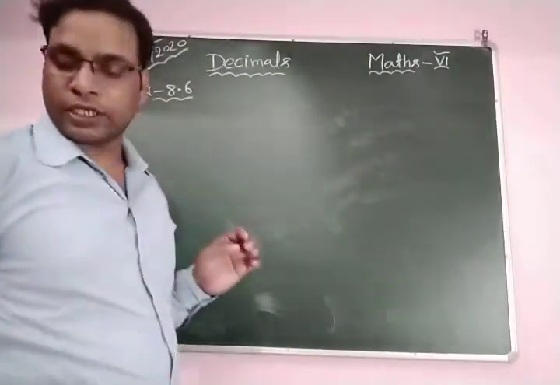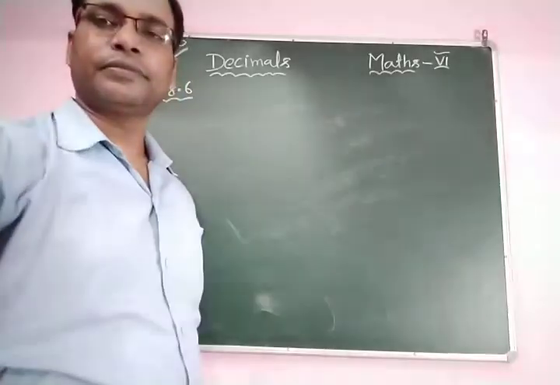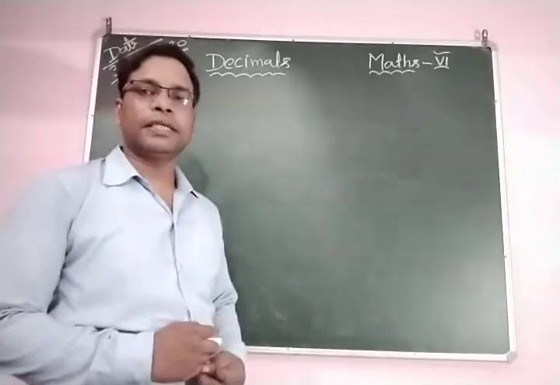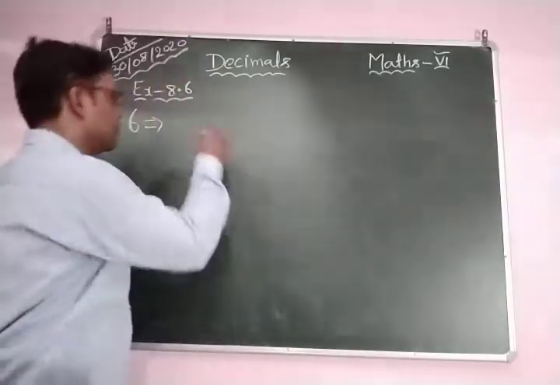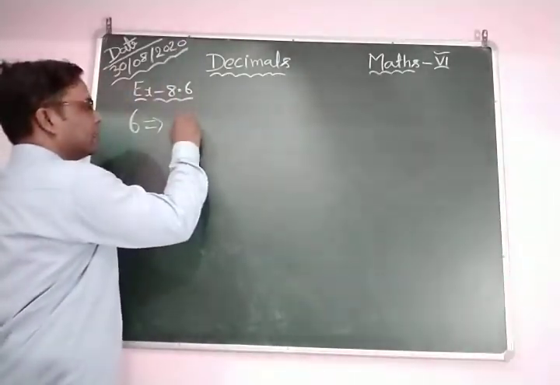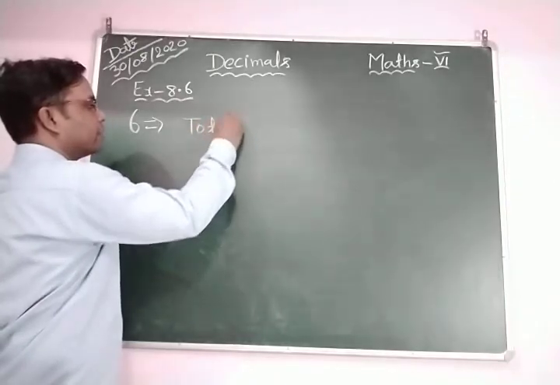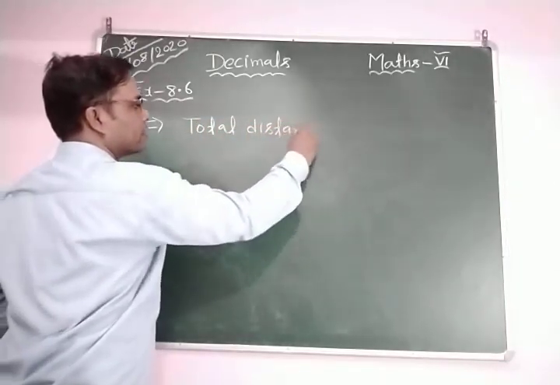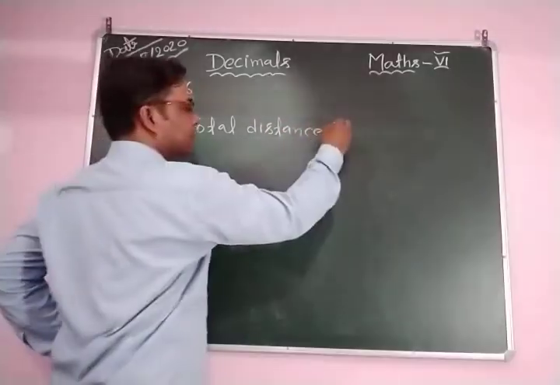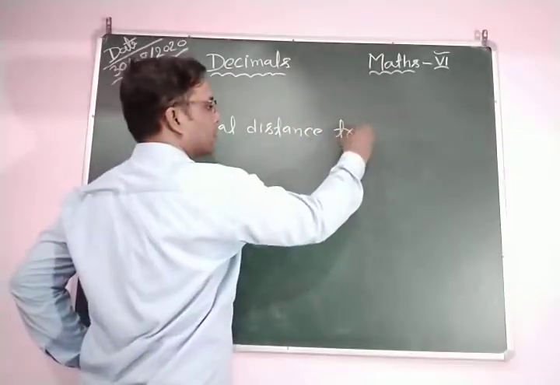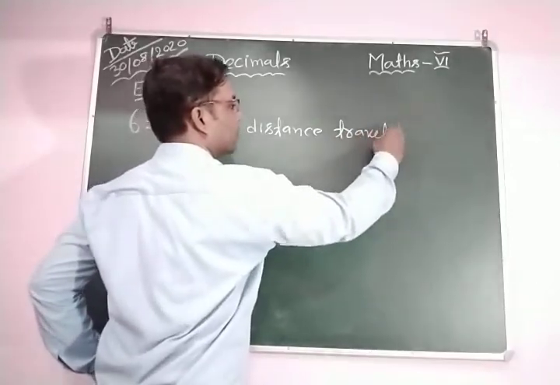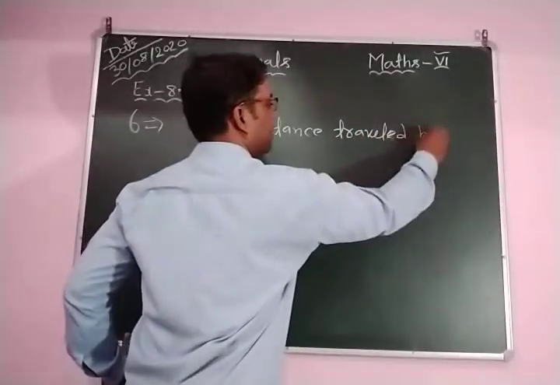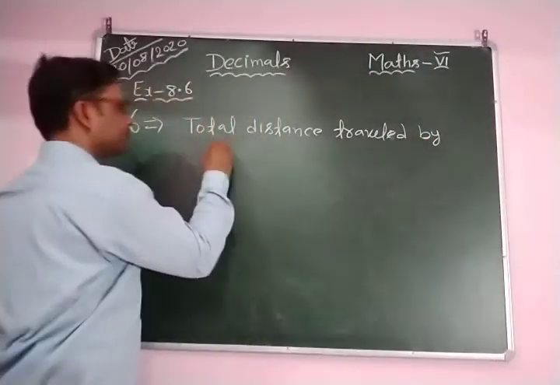Now the next question is that in this question this is given, total distance traveled by Namita. Okay, so first you write total distance traveled by Namita.